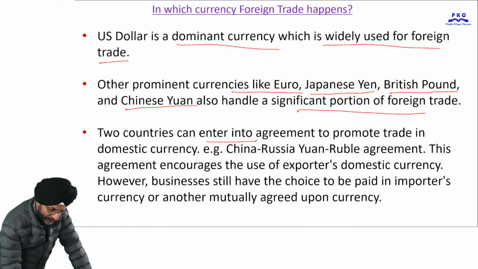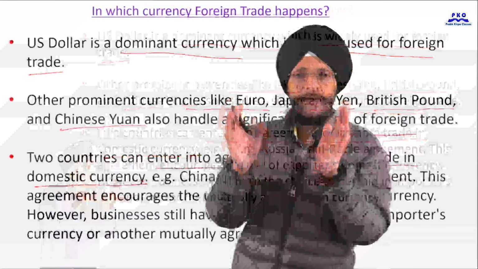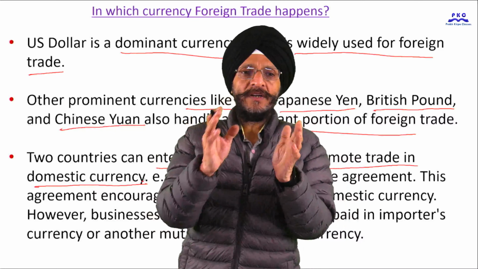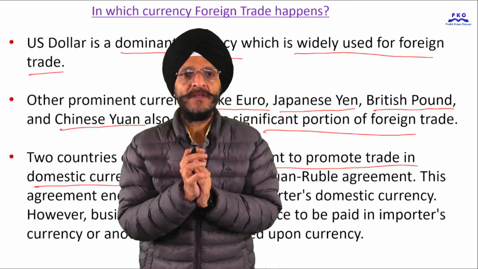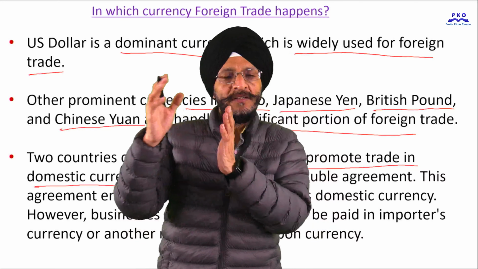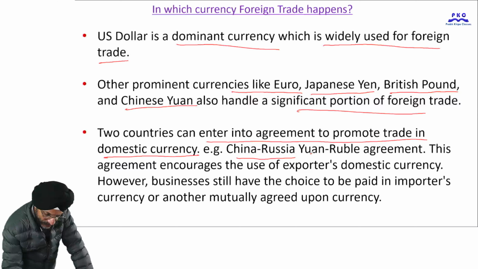Two countries can enter into an agreement to promote trade in a domestic currency. An example is given: China and Russia have entered into an agreement so that they may promote their domestic currency. The name of the agreement is the China Russia Yuan Ruble Agreement.